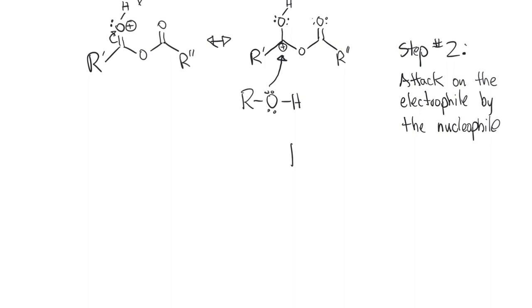And so the resulting structure is going to look like this. We have our R prime, our R double prime, and now we have a lone pair on the oxygen.